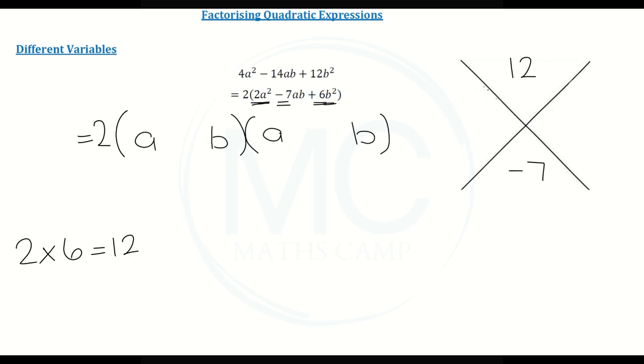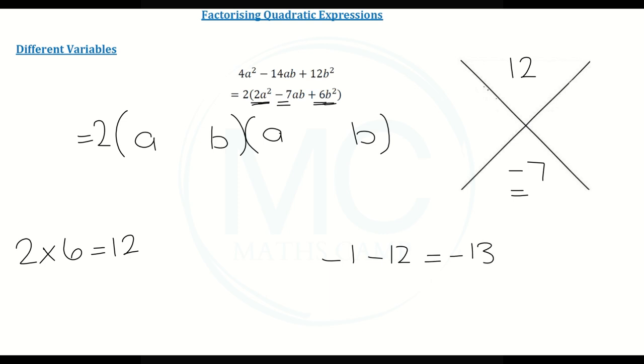Now we need to find factors of 12 that when added together give us negative 7. 12 is positive, which means both factors will be negative or positive, but 7 is negative, which means both factors are negative. So let's look at the factors of 12. Negative 1 and negative 12 gives us negative 13.